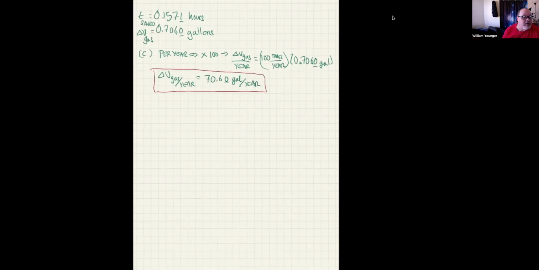The next part is how much total time would you save? So T saved per year is equal to 100 times that we do it per year.